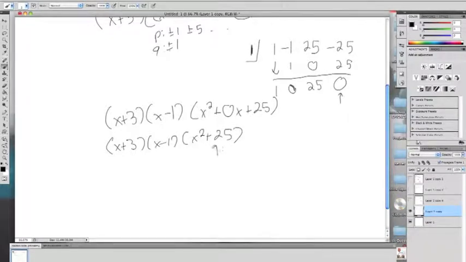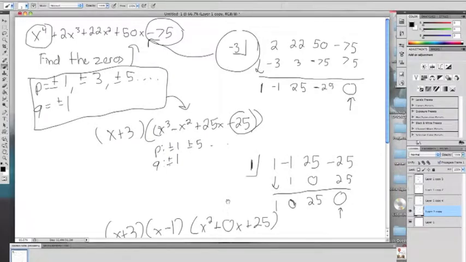Now you can easily solve this one if you just make it x squared plus 25 equals 0. And again, since it's a negative under the radical, it's going to be imaginary, which will be 5i.